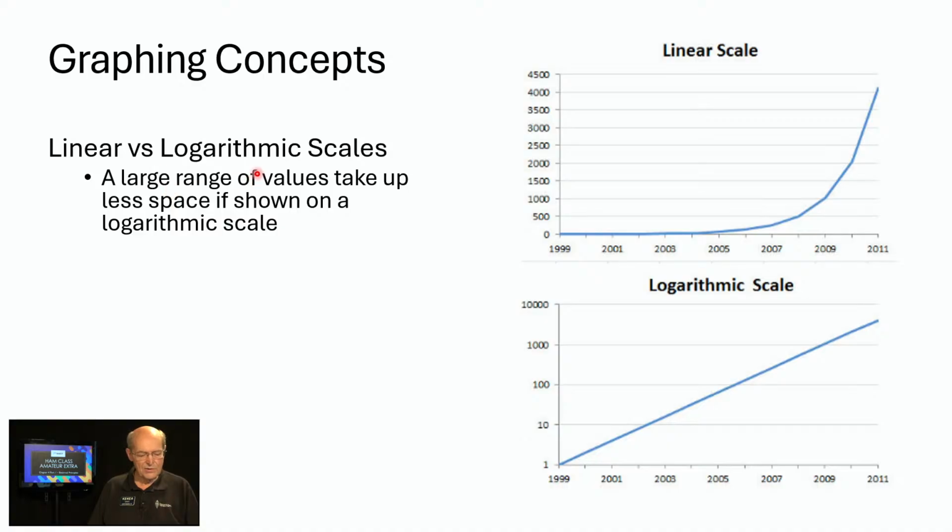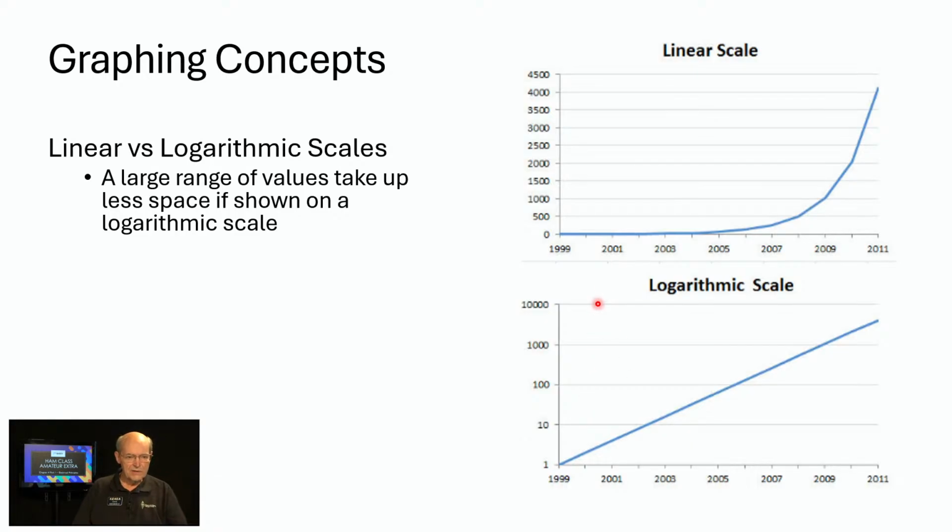Linear versus logarithmic scale. A linear scale has the same value. We're looking at the y-axis or vertical scale here. For linear it goes 500, 1,000, 1,500. It's the same difference between each line. A logarithmic scale typically will go out by powers of 10: 10, 100, 1,000, 10,000.